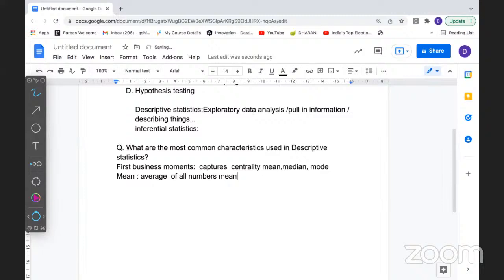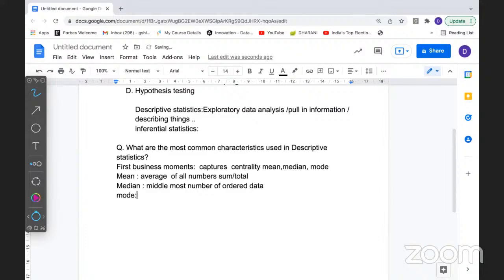It is nothing but sum by total. Then you have median, the middlemost number of ordered data.